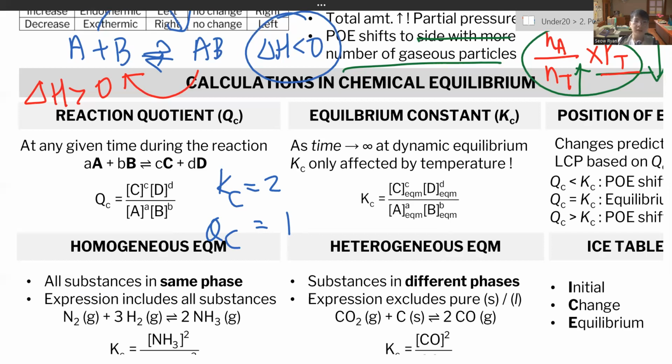So if it's 1, now the Qc is less than the Kc. If it's less than the Kc, it means that now there are not enough products on top and there are more reactants at the bottom. So this means that now I want to produce more products, right? So to produce more products, the position of equilibrium will shift to the right, so that it will slowly go to 2. So that's how you use the Qc and the Kc.